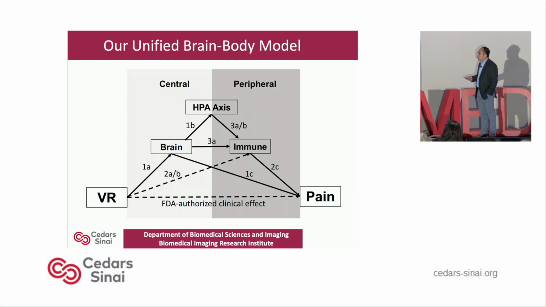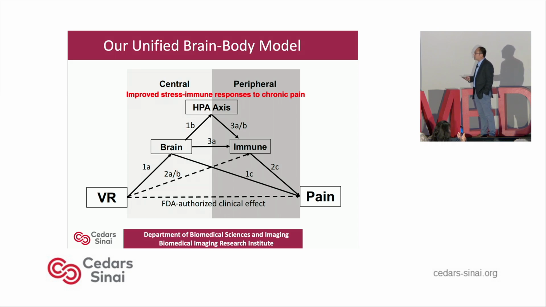But there's potential, and I need to use the word potential, for another pathway where the cortical networks can interact with the hypothalamus area, which is the key node of the HPA axis, and can lead to improved stress immune response in chronic pain, and in turn reduce pain perception. I will not go into details because Caroline is going to follow my talk and talk about that aspect, our unified brain-body approach.